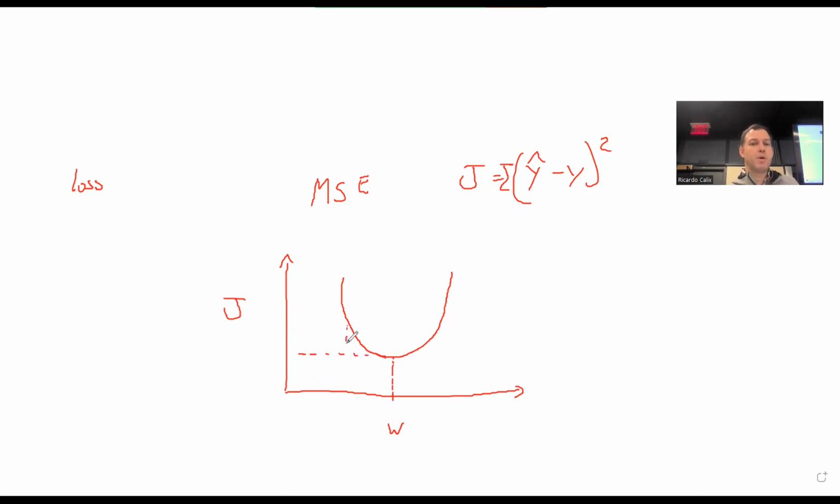But the problem is we don't want to select these randomly, right? So we know that when we have a function like this, and this is Wx plus b, this is the inference function. Remember, this one plugs in there, right?